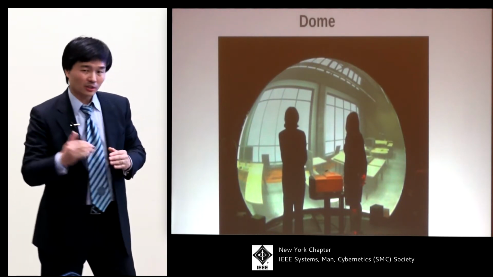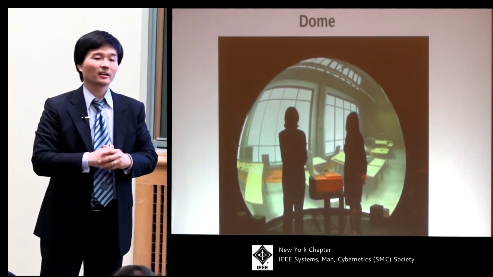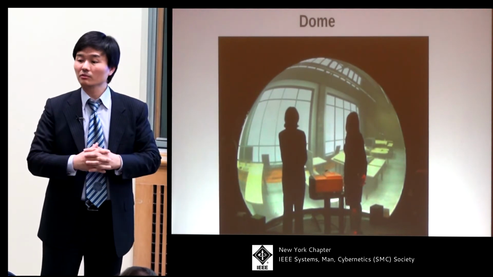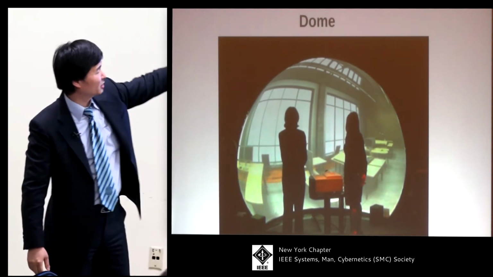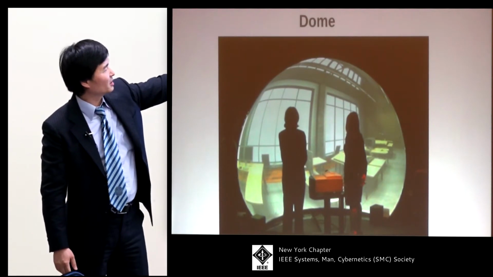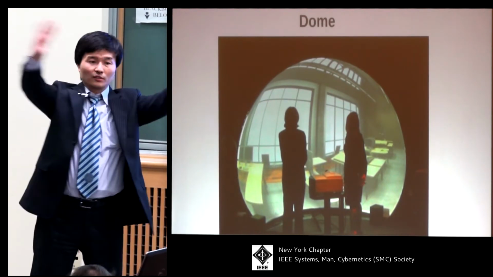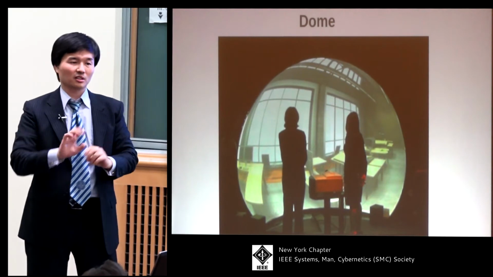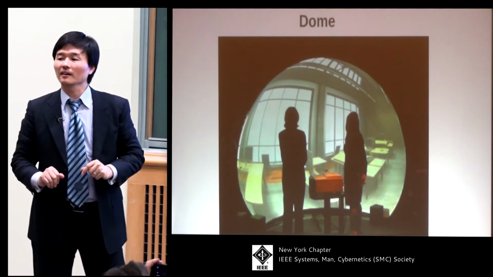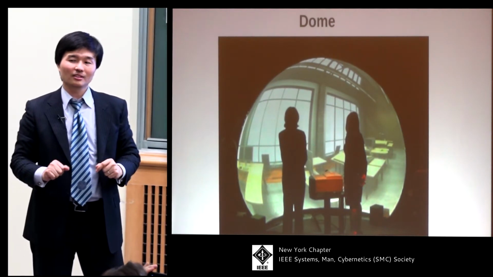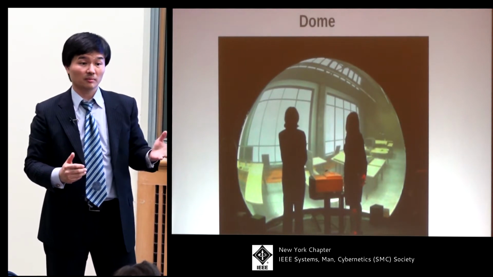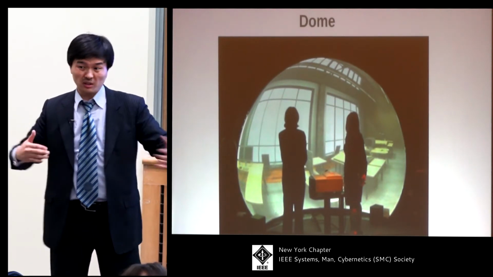So the next up in this type of immersive virtual reality is called, what's it called, the dome. A dome is like a screen, but it's curved. The projection system just displays onto the dome. And then you can interact with the system with multiple people in there.